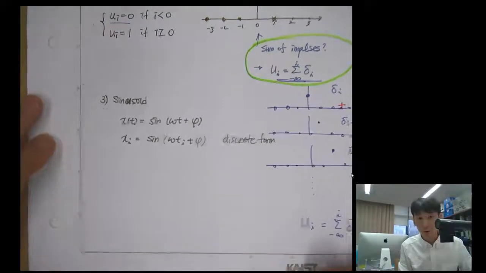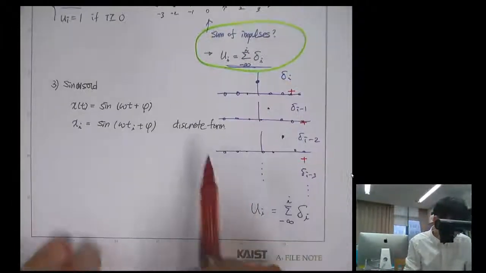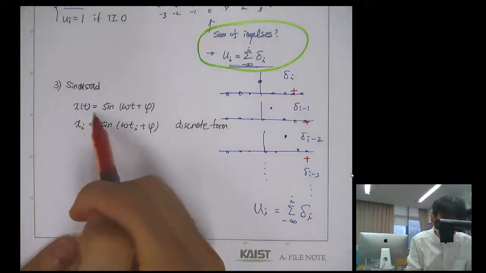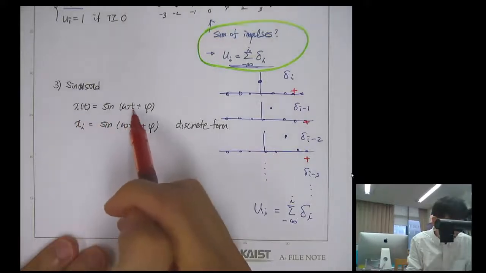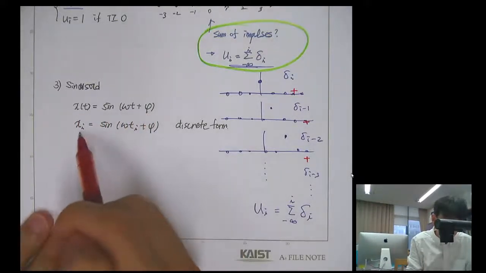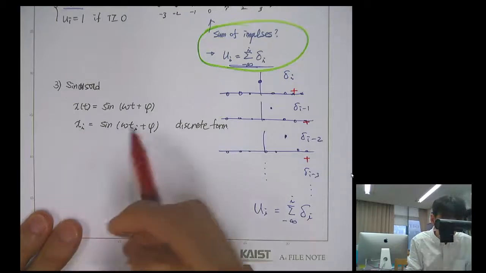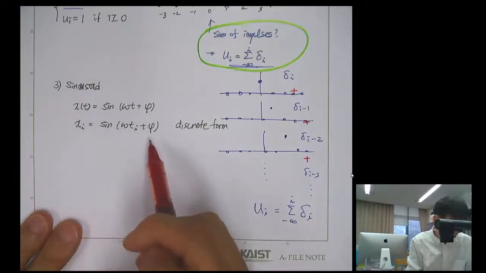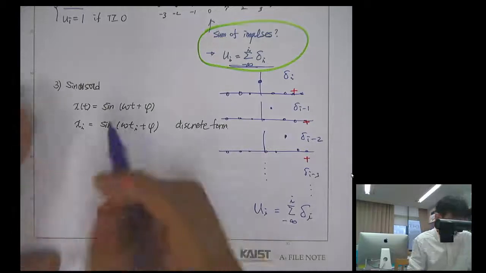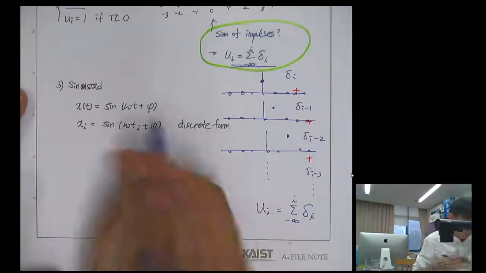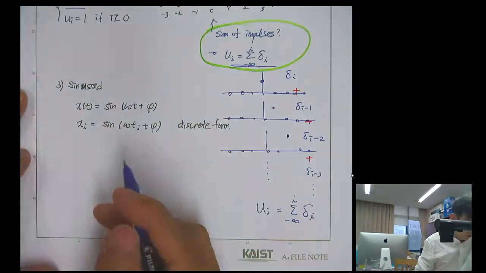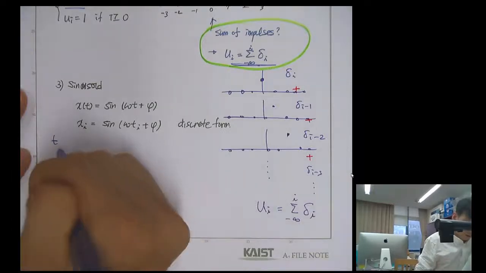Okay. Third one is the sinusoidal. Here, x(t) is sine of omega t plus phi, and in a discrete form, x[i] is sine of omega t_i plus phi. Let's change this t_i into a discrete form.